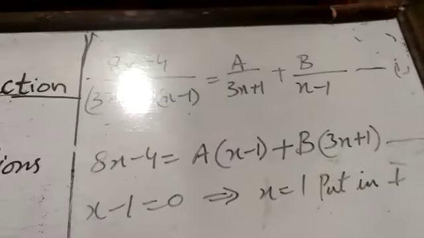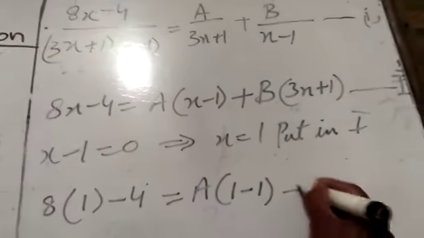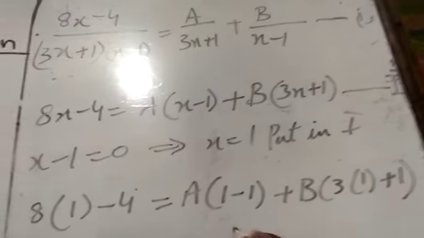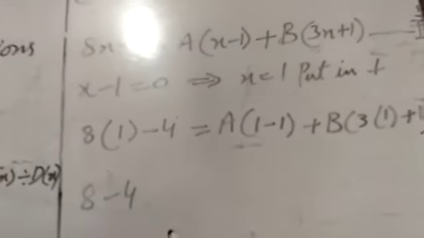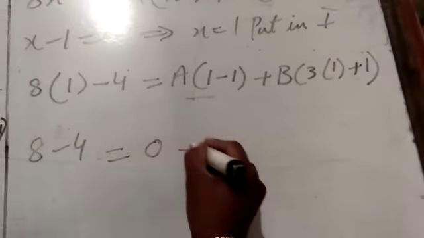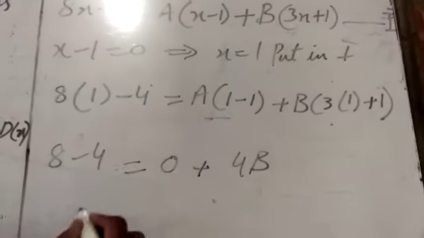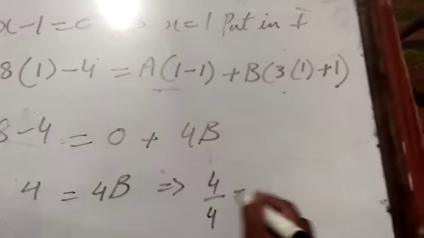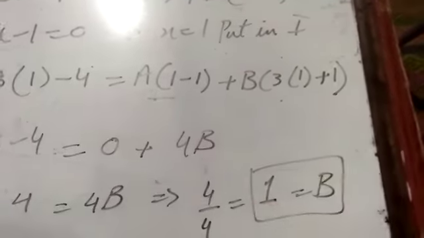We get 8 into 1 minus 4 equals a into 1 minus 1 plus b into 3 into 1 plus 1. This factor becomes 0. So 8 minus 4 equals 0 plus 4b. 8 minus 4 is 4 and here 4b. Now b will be equal to 4 by 4, which is 1. This is the value of b.